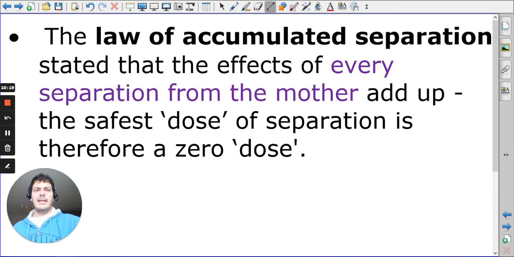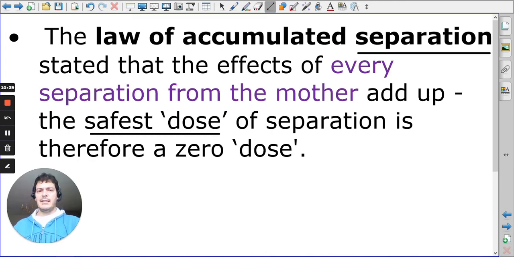So basically, he is concerned that the more you're separated from your primary caregiver, the more problematic or damaging it could be. And he does state this as quite strong. It says that every separation from the mother is problematic, and it said that the safest dose, he says here, is therefore 0.